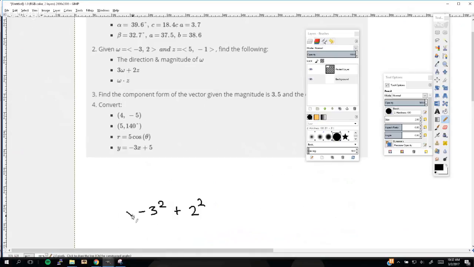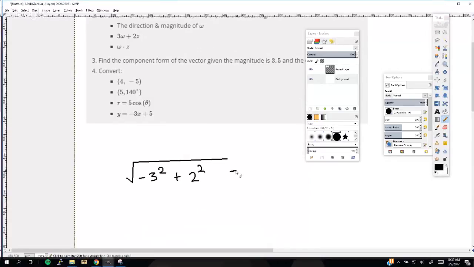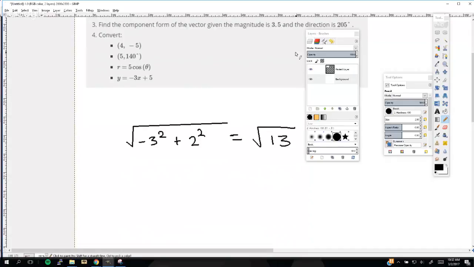Which one are you doing? The second one. So the given W equals -3, 2, and Z equals 5, -1. I skipped straight to the 3W plus 2Z, and I was like, wait, this isn't that complicated. Yeah, that's how you do it. Okay. And that should be 13. And that's the magnitude.